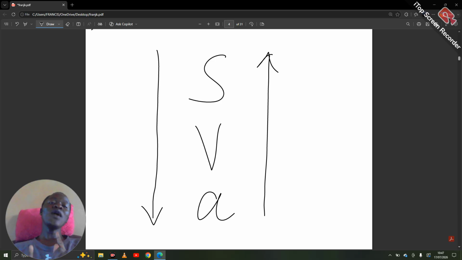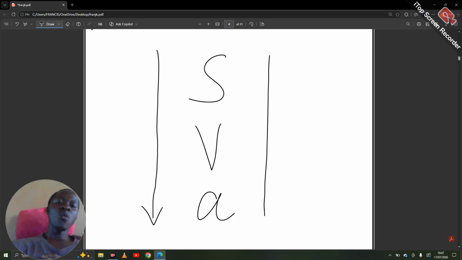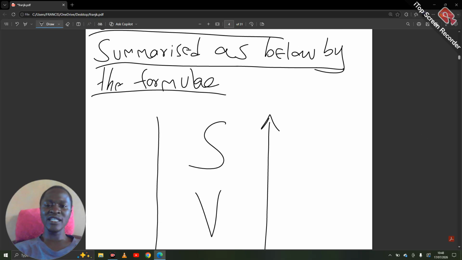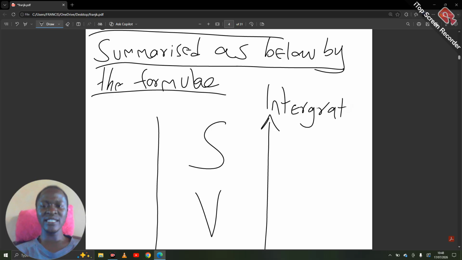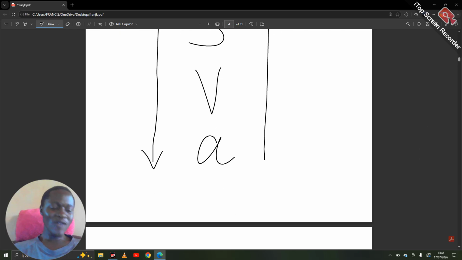Now, that's why I've indicated some arrows here. When you are going up, you are integrating. Make sure you master this SIVA. Don't forget SIVA. When you are going up, you integrate. When you are going down, you differentiate.